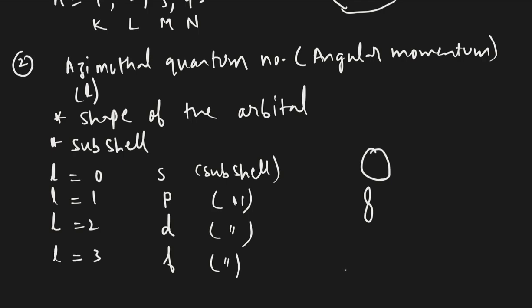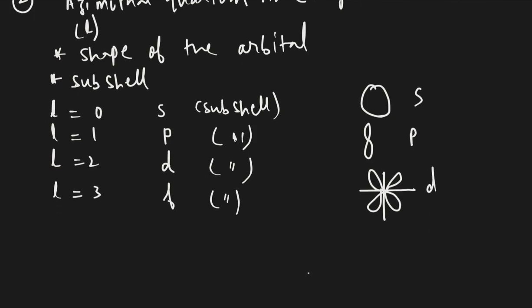Okay, similarly, this is S, this is P. The D subshell is represented as this. This is the D subshell. Okay, similarly, the F subshell is represented like this.